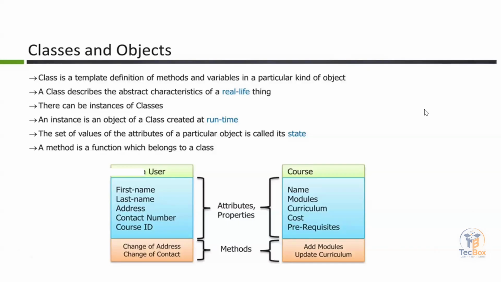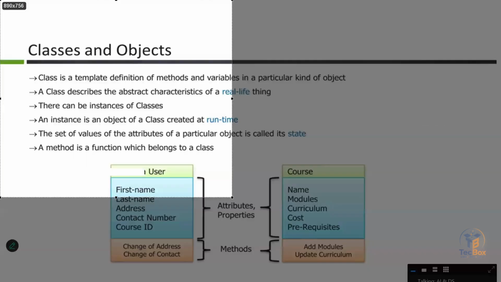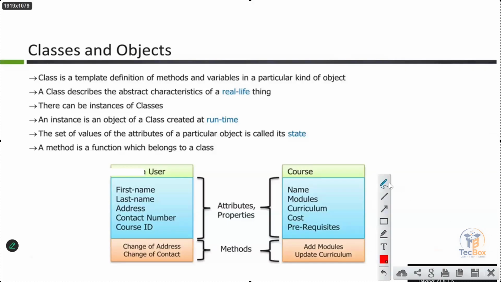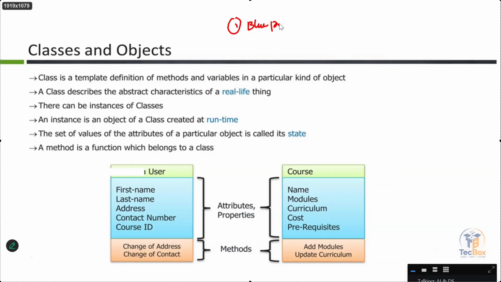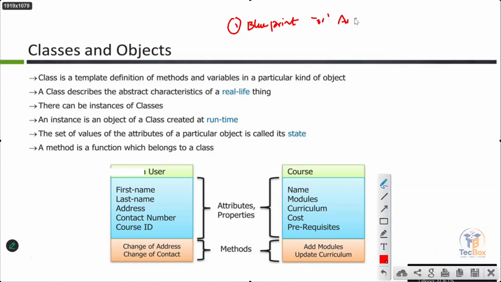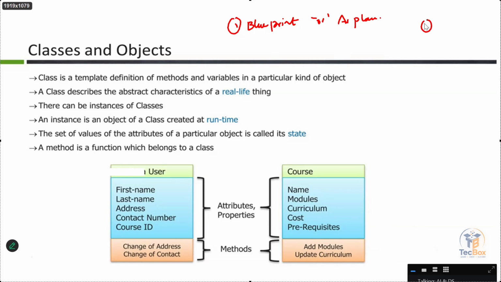So first point, what I told you, class is like a blueprint, or an architecture plan. Now, consider this person as a class.